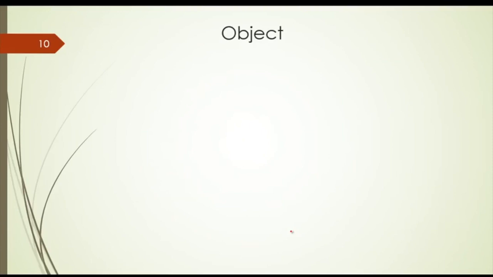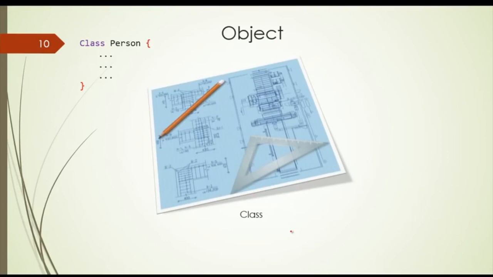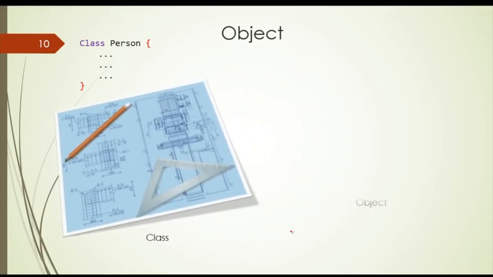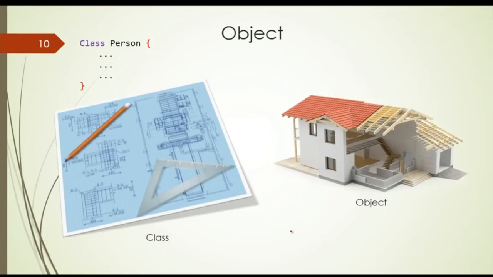So what is an object? A class is an abstract representation like this, and the object is like the house itself, built on that blueprint or abstraction. If you assume that this is the blueprint of the house, which is the class, the object is making the house on top of that blueprint.